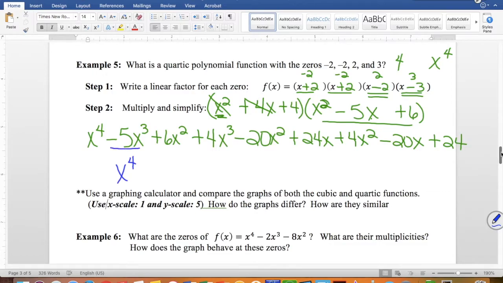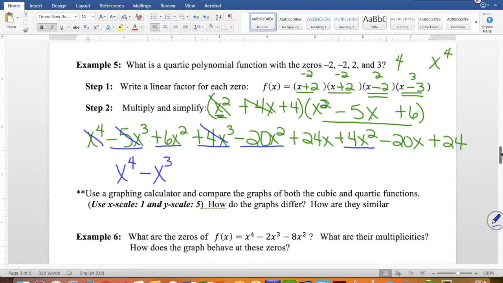I have a -5x cubed and a +4x cubed. I think that's all the x cubes I have. -5 and +4 leaves me with a -1x cubed.